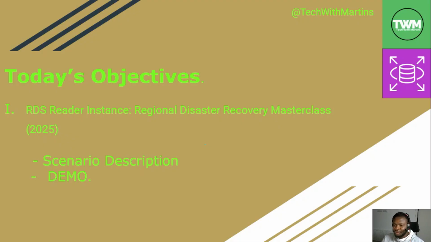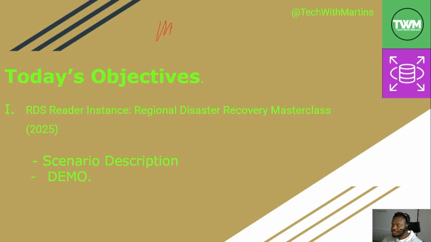Today we'll be looking at a very important topic, which is regional disaster recovery technique as far as Amazon relational databases are concerned. Naturally, we are used to the technique of multi-AZ disaster recovery.